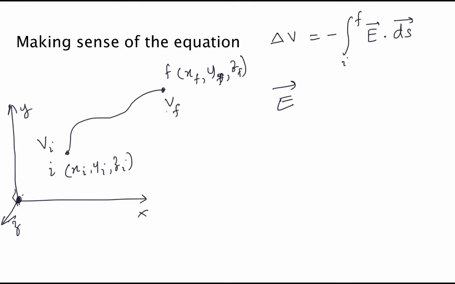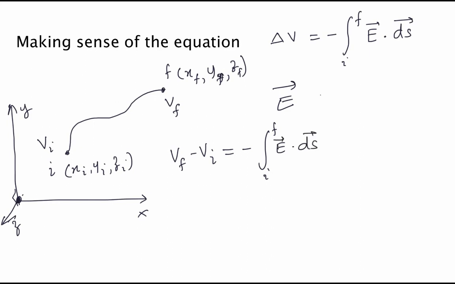Okay, to get the potential calculated at this point, I need to evaluate this integral. To evaluate that integral, I have to take the dot product of E and ds, so initial to final E dot ds.